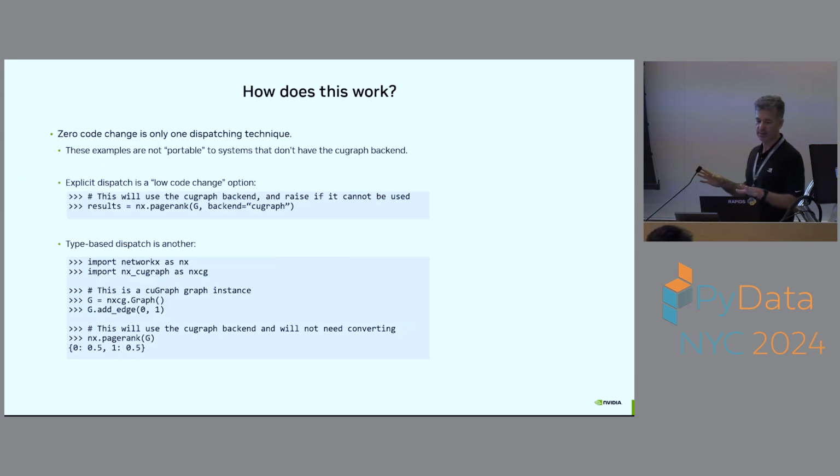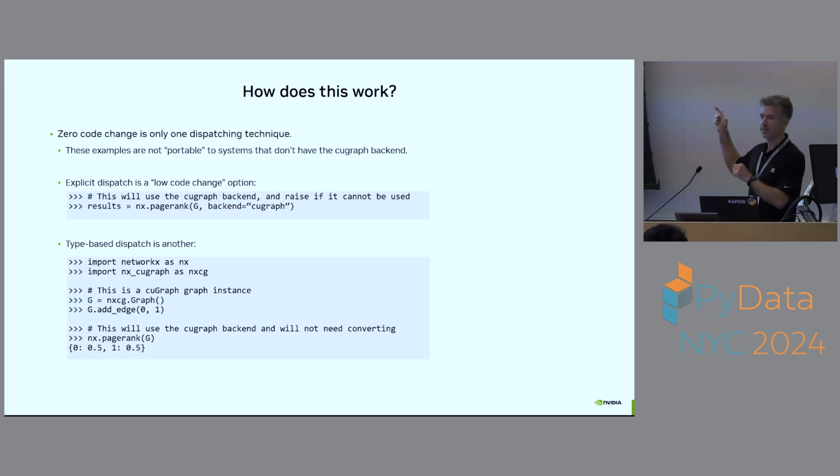Like I mentioned earlier, the zero code change approach is probably the most popular kind of dispatching technique, but there are others. And they come in really handy for different situations. Here you can see I can use this explicit dispatch. You might informally call that a low code change option. Each one of the NetworkX functions that supports dispatching will add a backend keyword argument where you can explicitly specify what backend you want to run.